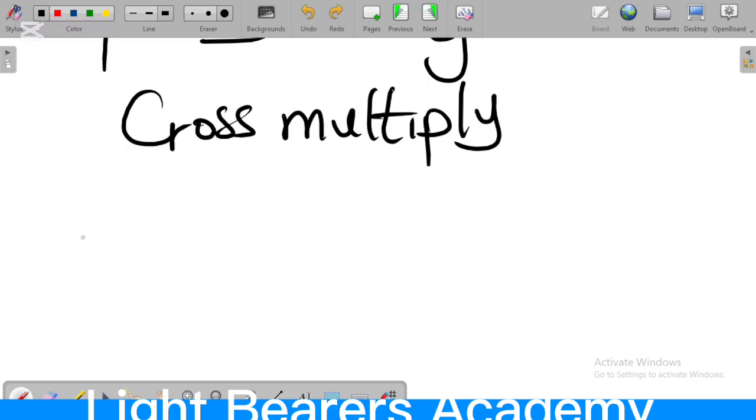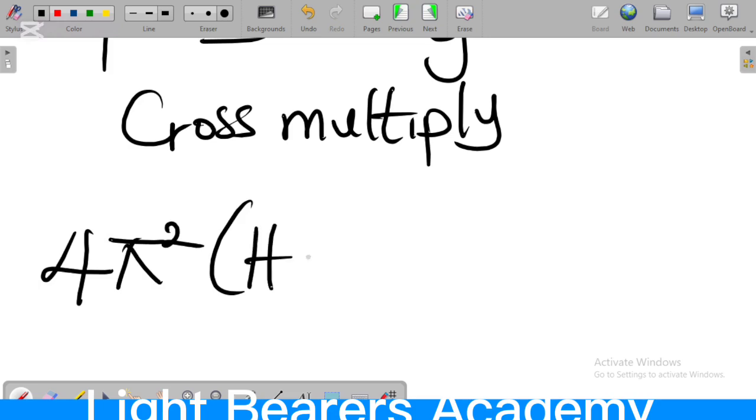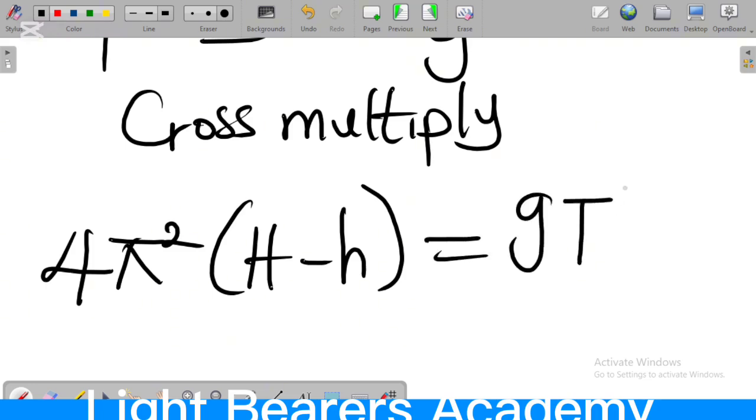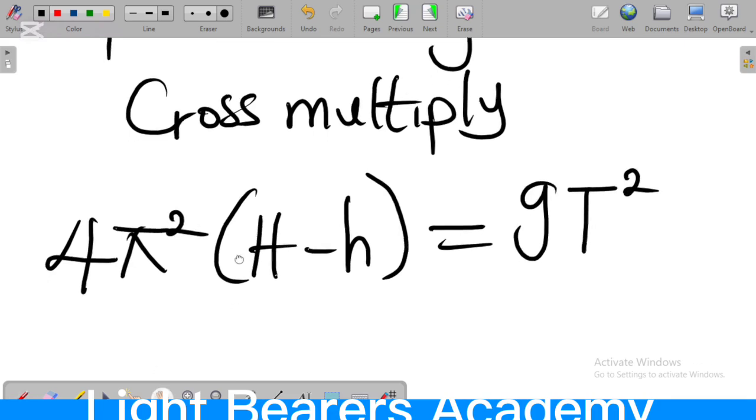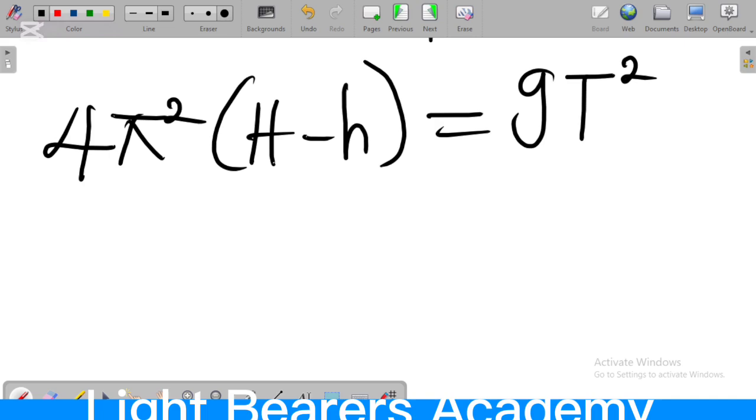If you cross multiply, you would have 4 pi square, open bracket, capital letter H minus small letter h is equal to gT square. Since we are looking for the value of small letter h, we simply divide both sides by 4 pi square.